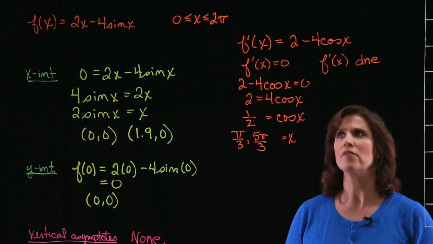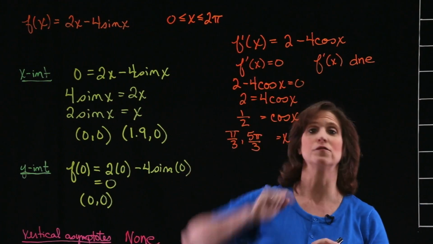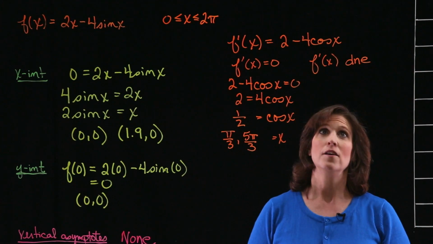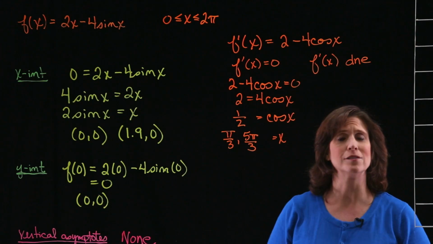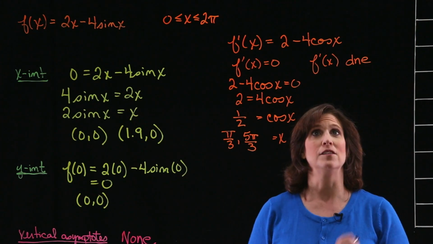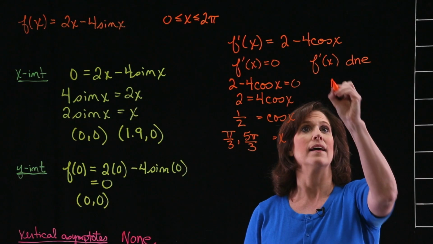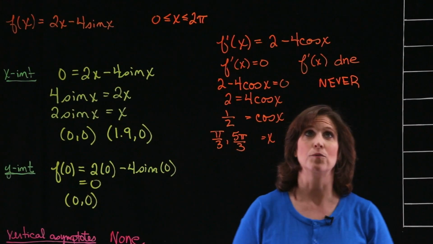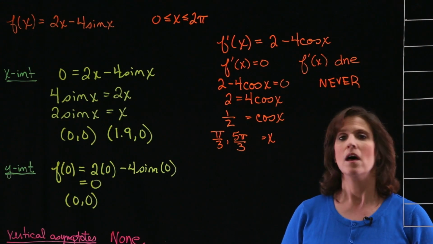Again, it'll happen at many other locations, but I'm restricting myself to look for answers between 0 and 2 pi. When does the derivative not exist? Well, 2 minus 4 cosine x exists for all values of x, so I don't get any critical numbers by looking at when the derivative does not exist.